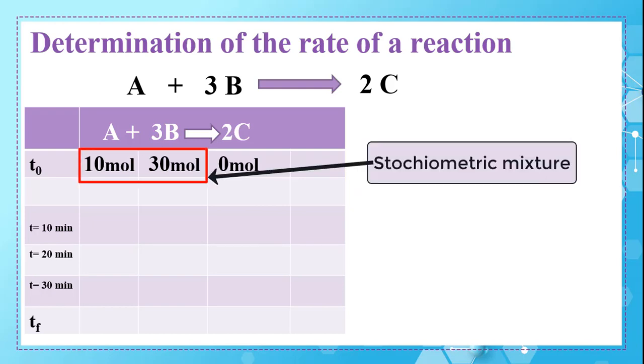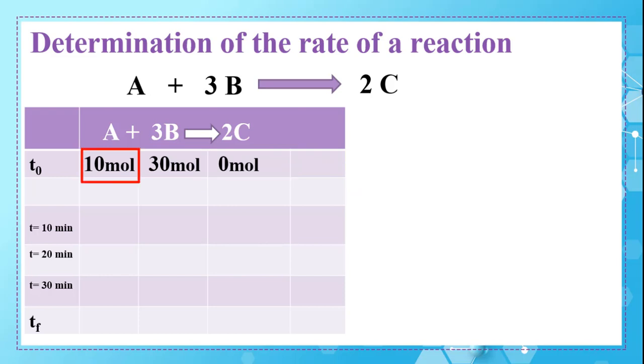We can know by a simple look at the initial number of moles. 10 and 30 are proportional to the stoichiometric coefficients of A and B, which are 1 and 3 respectively.